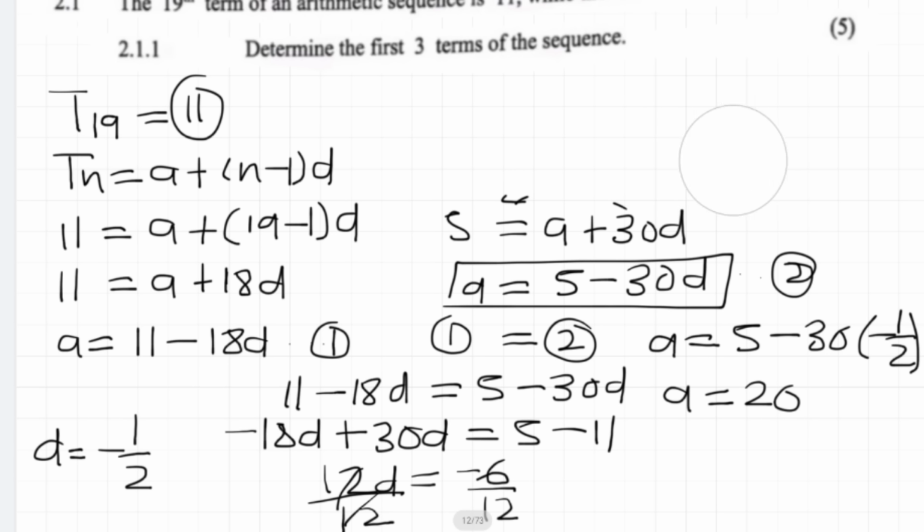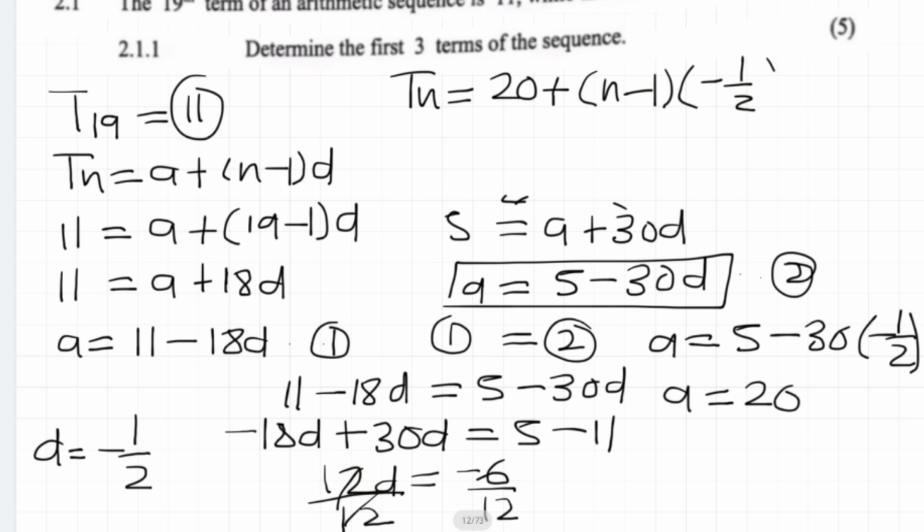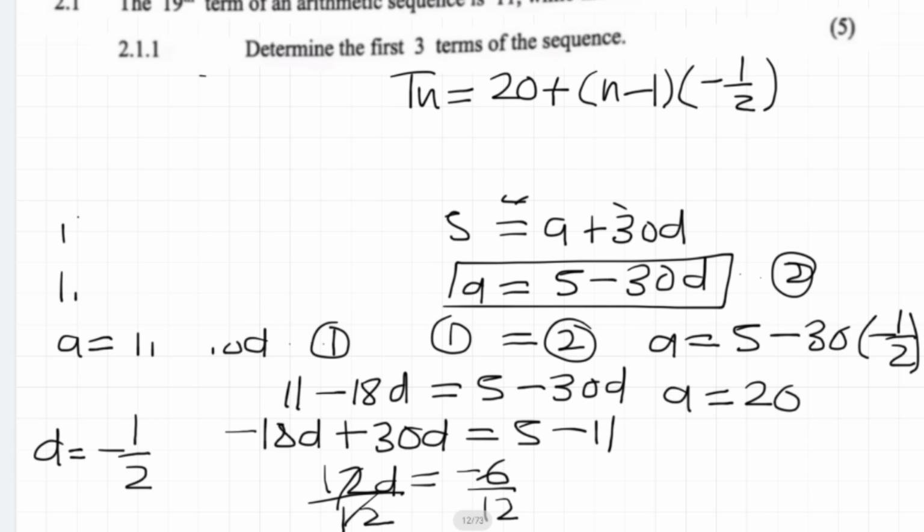So what do we have here? We now have Tn equals a, which is 20, plus n minus 1, and our difference is negative 1 over 2. So we can find term number 1, which is a. Term number 1 is 20.